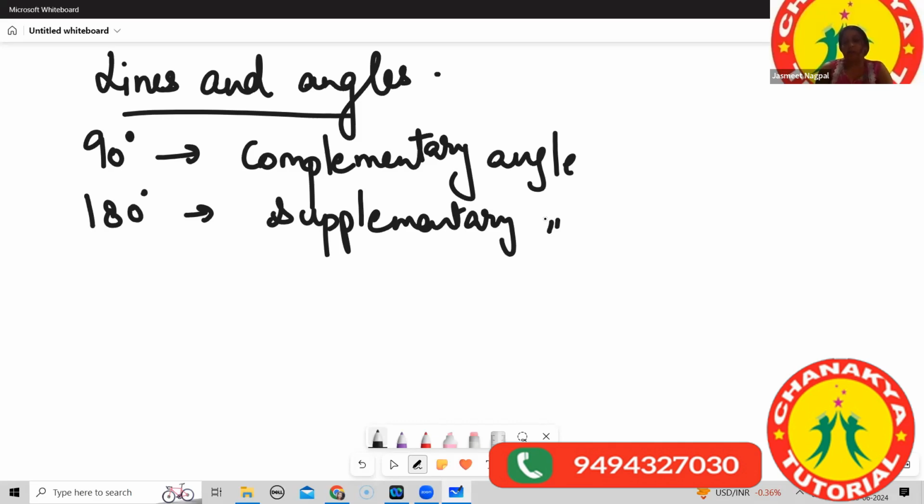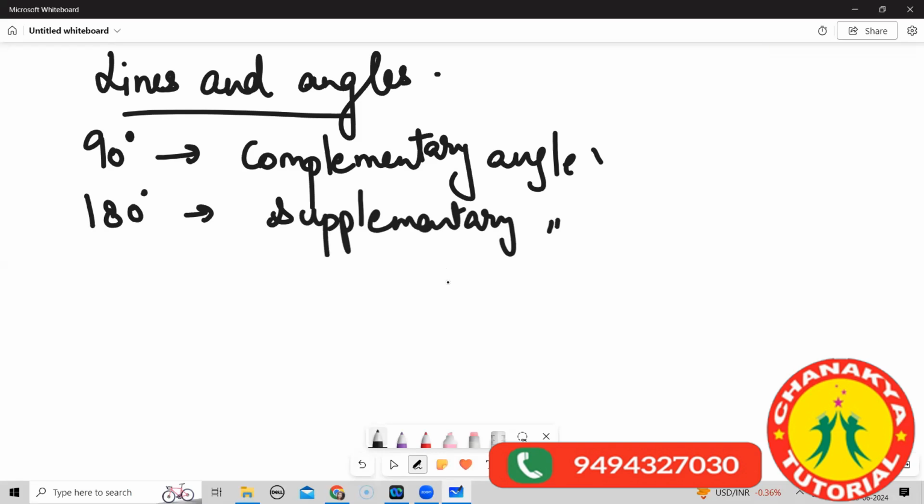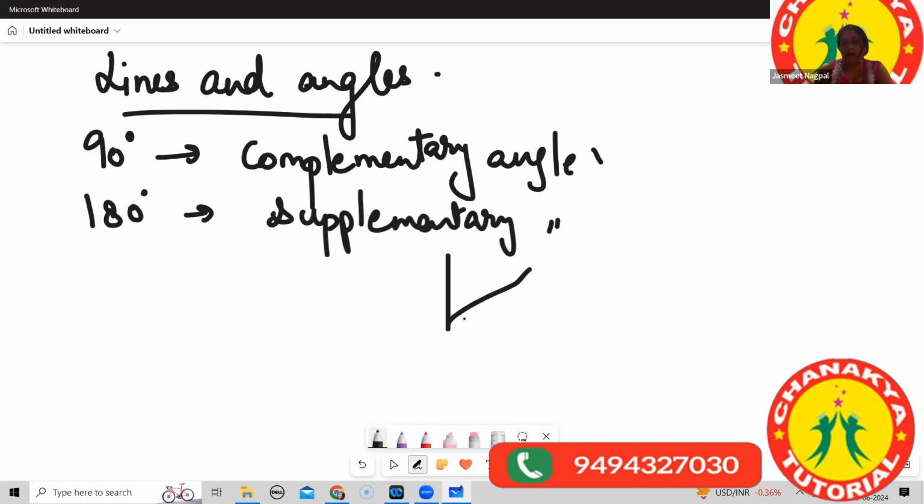And adjacent angle. What are adjacent angles? Anyone? Suppose I draw like that. So this is A, this is B, and this is C. And this point is D. So the adjacent is two or more angles that have a common vertex.